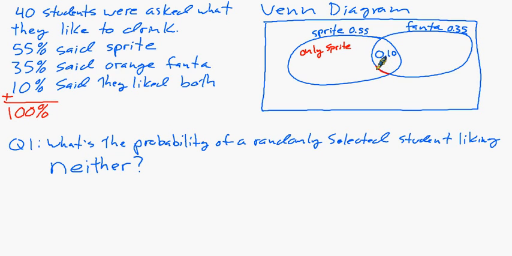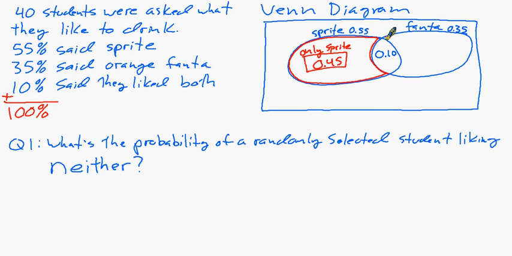Well, in terms of the Venn diagram, that's this area, which is 55% with this chunk being 10%. Well, this is going to be 45. It's going to be 0.55 minus this intersection piece.